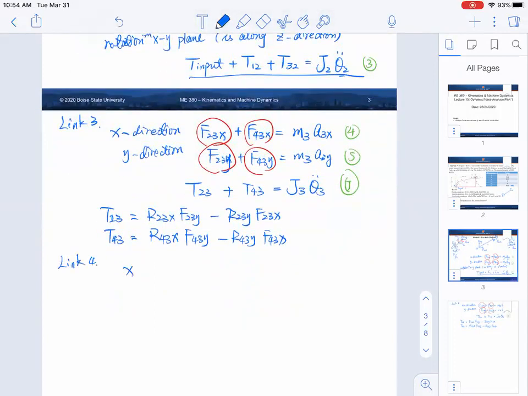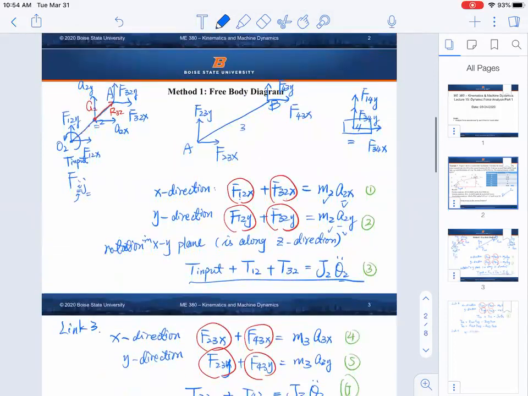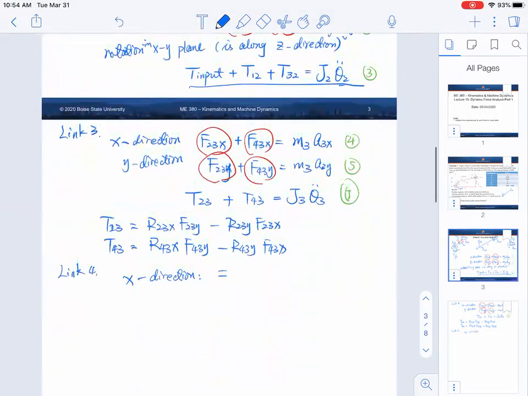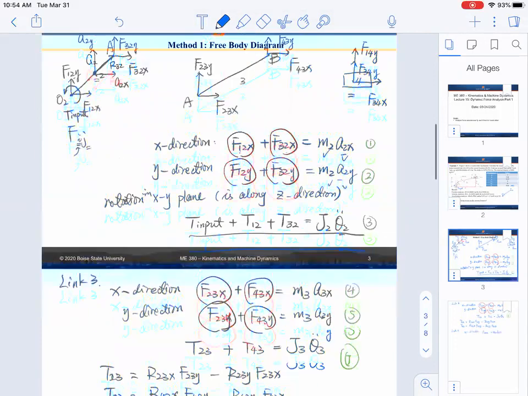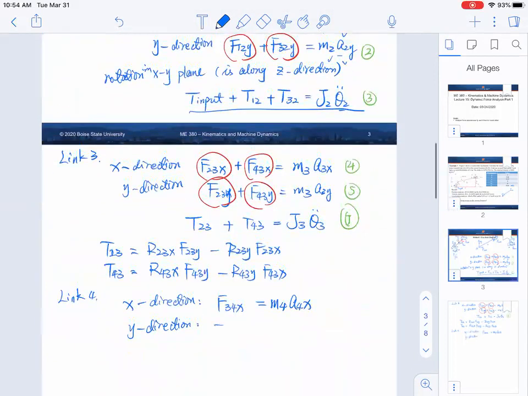For link number 4, for the x direction, you only have one force along the x direction. So that's F34x. That's going to give you a linear acceleration. For the y direction, these 2 forces should be balanced. So you have F34y plus F14y equals 0. And then there is no rotation because it's a slider.